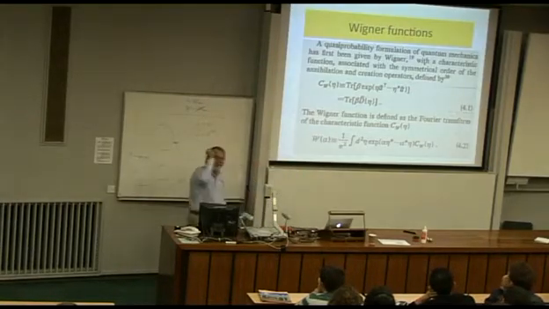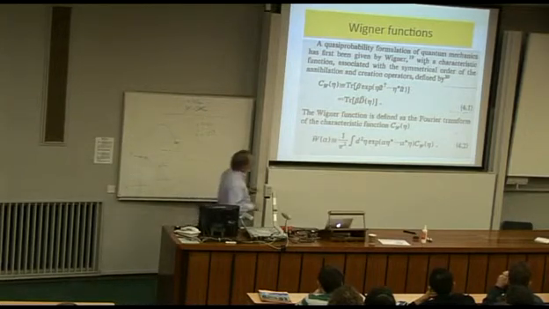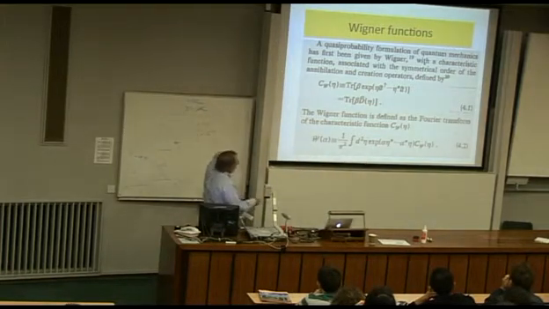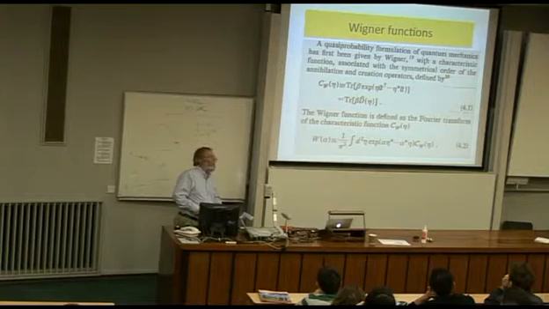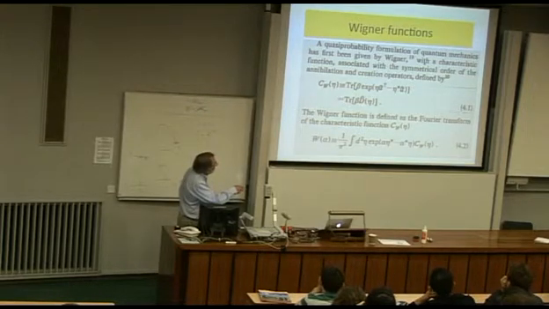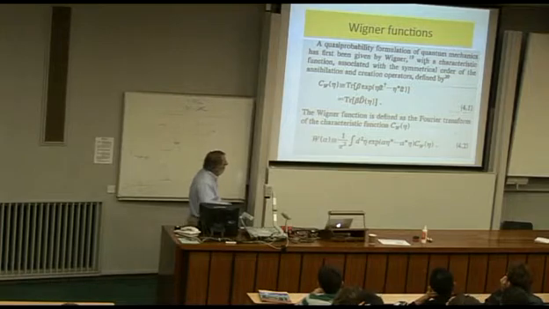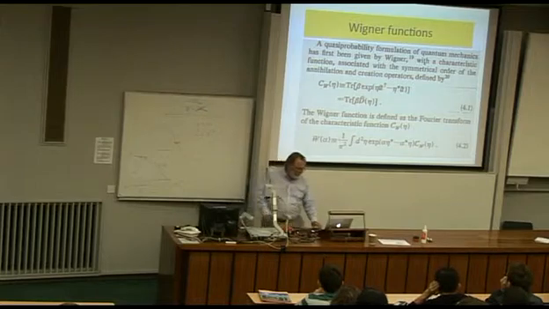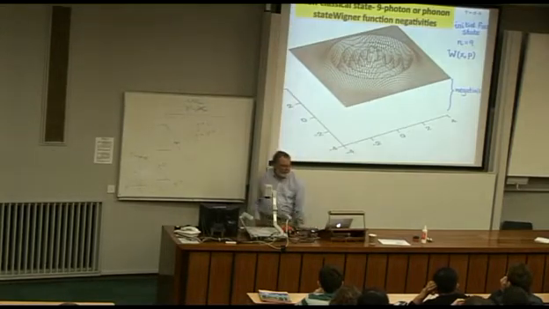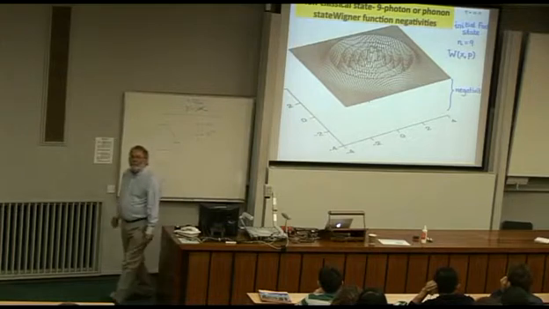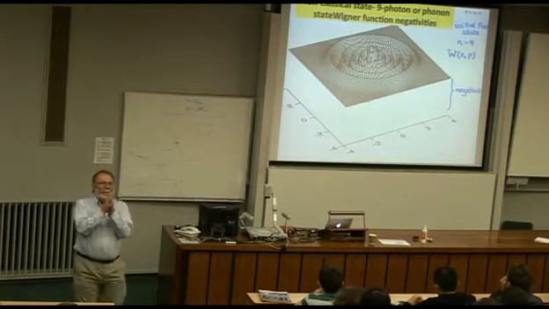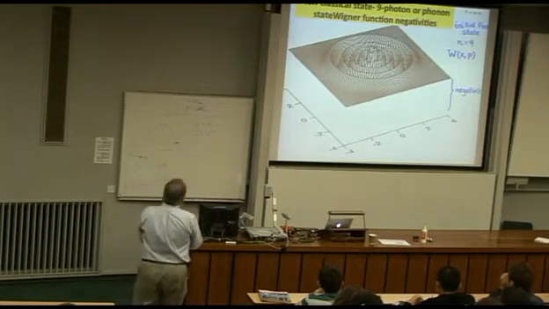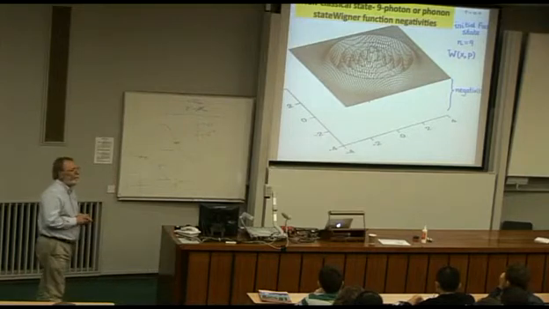Just to remind you of the Wigner functions, because that's how I'm going to describe these things for fields. All I'm going to do is work out my density operator, take the displacement operator, which gives you the characteristic function, then take the Fourier transform of the characteristic function, and I've got my Wigner function in phase space. Let's have a look at some Wigner functions. If I take a 9-photon Wigner function, a Fock state for 9 quanta, they could be phonons in one of the trapped ions in a harmonic trap, could be photons.